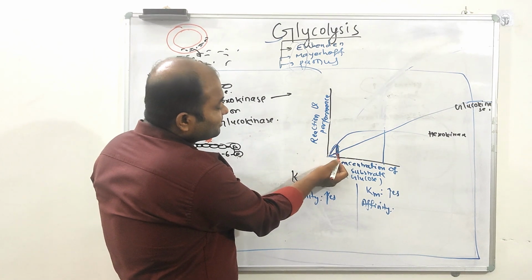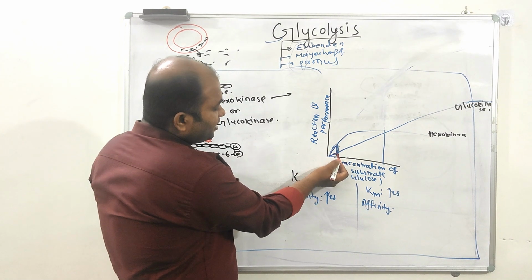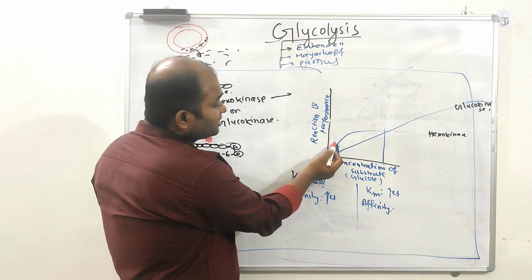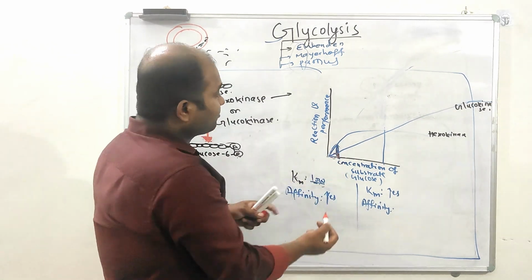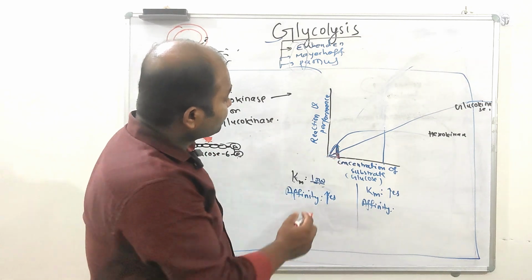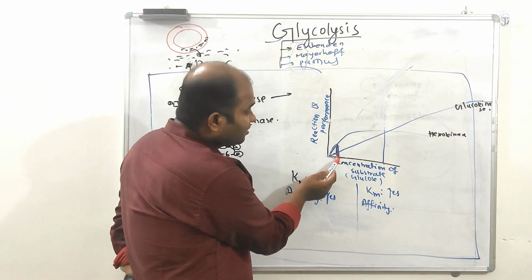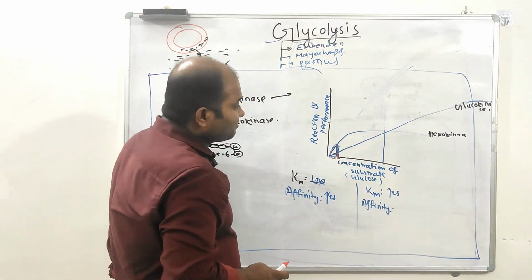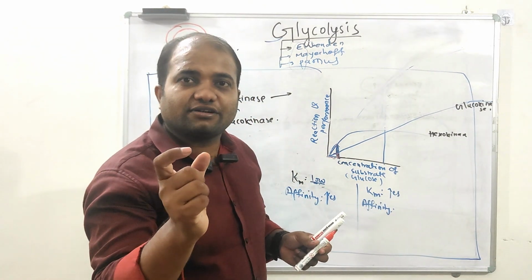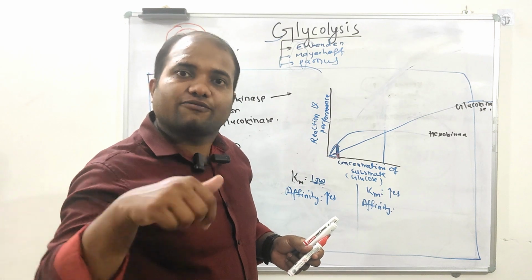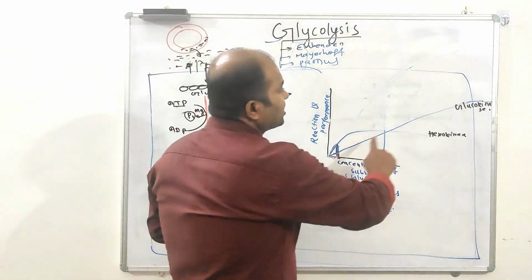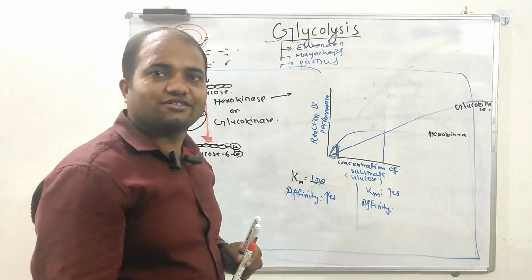That means at the same concentration of glucose, the reaction velocity, or performance of the enzyme, hexokinase has more, but glucokinase is less. That means even at low glucose level, hexokinase can perform well, but glucokinase cannot, right?